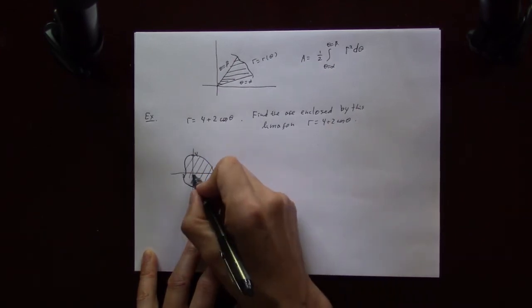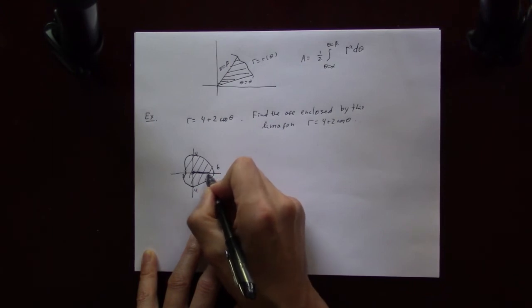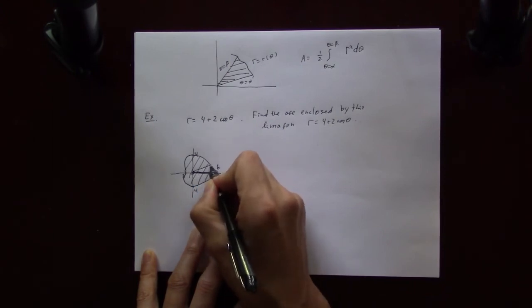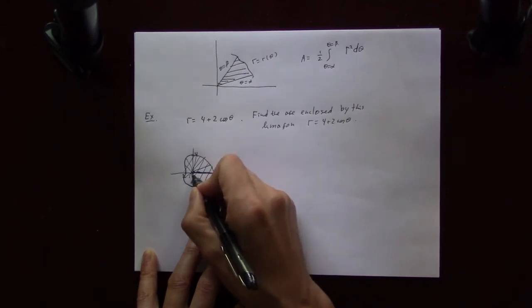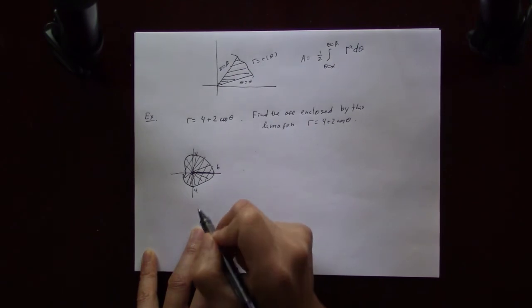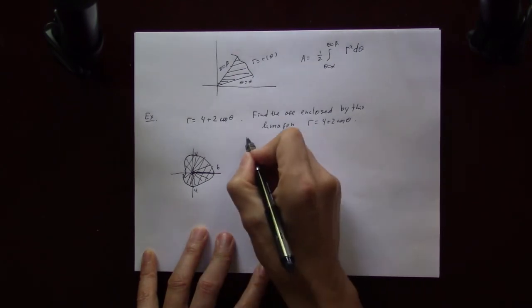To find this area, we start with angle equals 0, and we start going around till we go back to theta equals 2 pi.